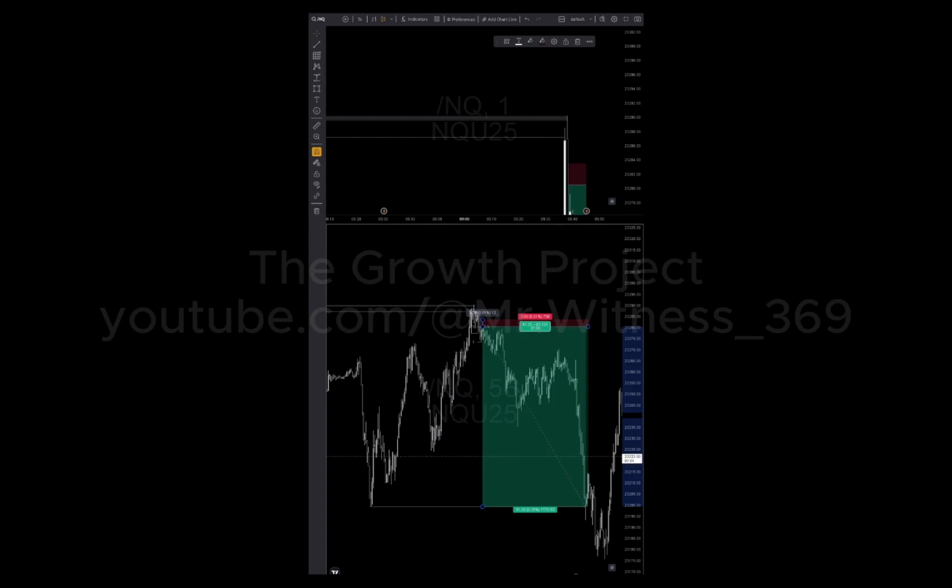So yeah, do you have any questions so far about this trade, or all good? Yeah, that's the problem. I think that is the problem: how to identify key levels, important PD arrays.